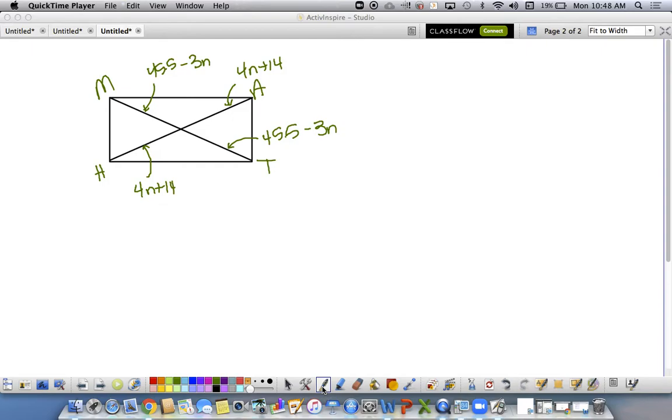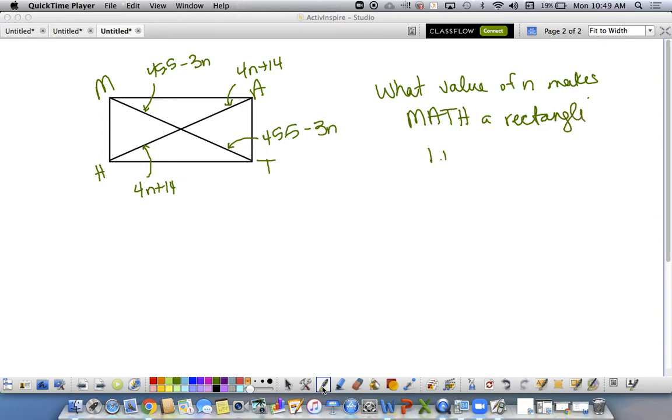Can you tell me what's the value of n? What value of n makes MATH a rectangle? Sorry, I have extra little handwritings on my board, extra marks.